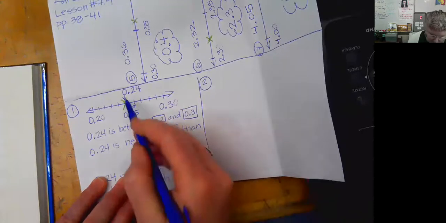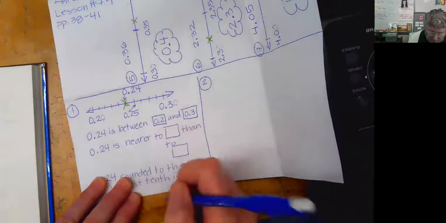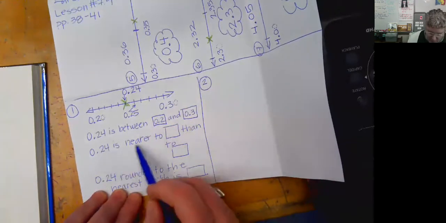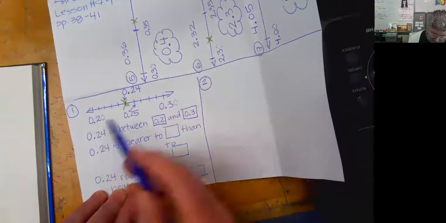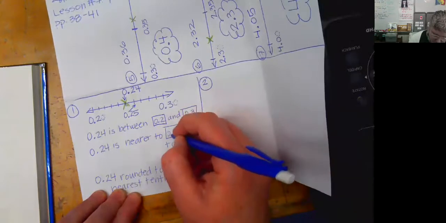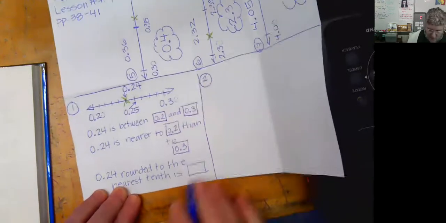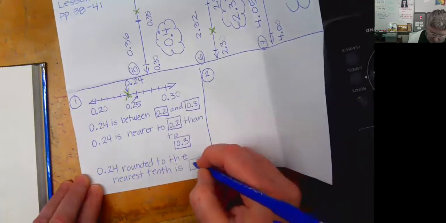Sorry, I put it on the halfway point. It should go one down. And 24 hundredths is going to be closer to 2/10 than to 3/10. So 24 hundredths rounded to the nearest tenth is 2/10.